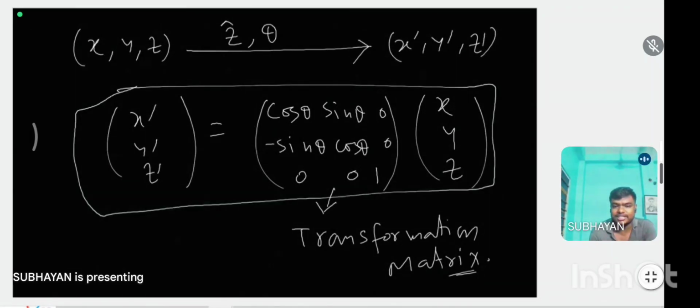Because for any linear transformation, all the new coordinates will be functions of each and every coordinate. So x prime will be a linear function of x, y, z, y prime will be a linear function of x, y, z, and z prime will also be a linear function of x, y, z. So that's why you can write in this way.